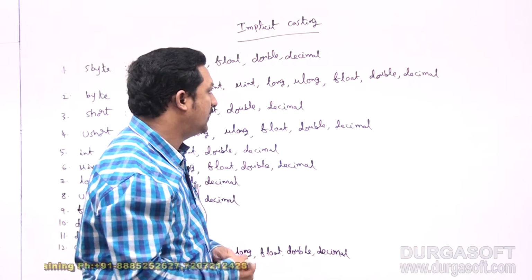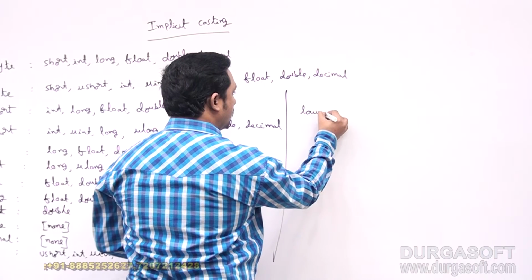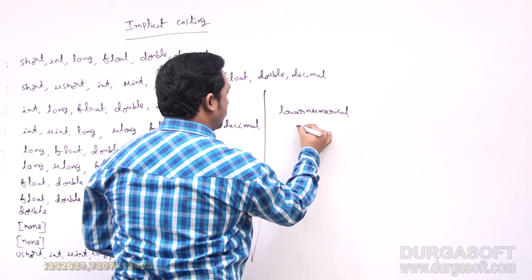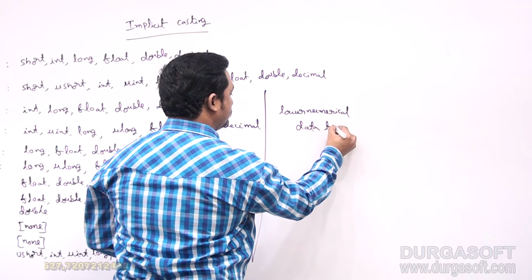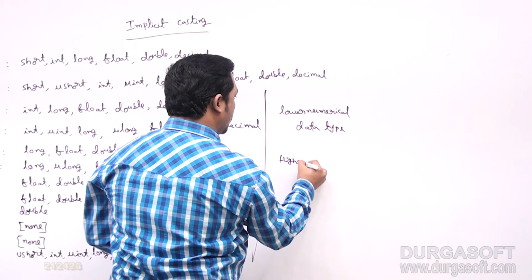See, we have a lower numerical data type, and we have a higher numerical data type.